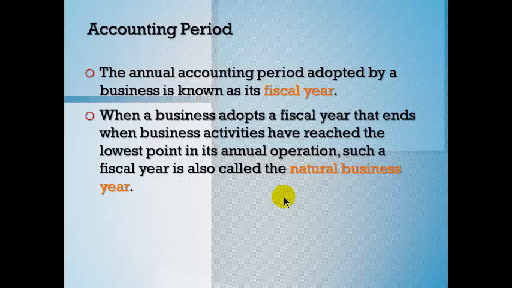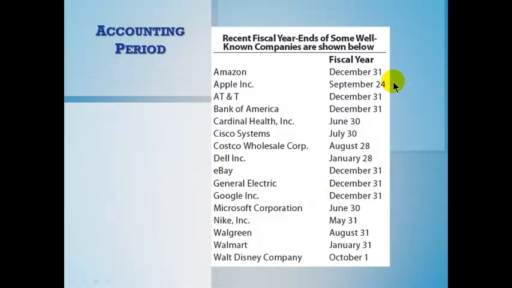So many retailers will have a January 31st or a February 28th or a March 31st fiscal year. And here's a table that the authors of your text have shown with different year ends. Again, this is not a proportionate sample because, as I said, the majority of companies will have a December 31st year end.